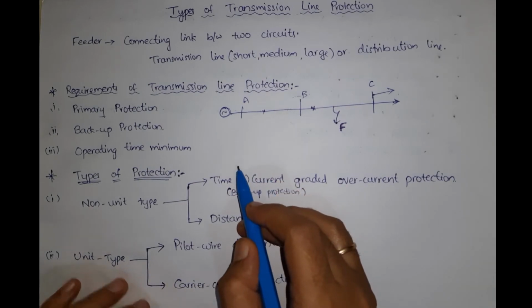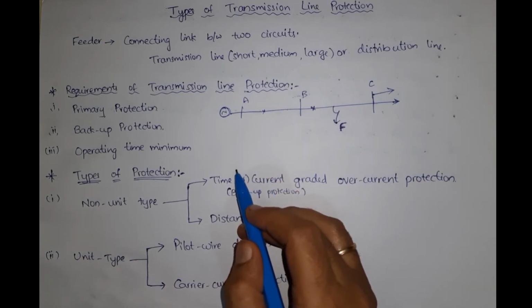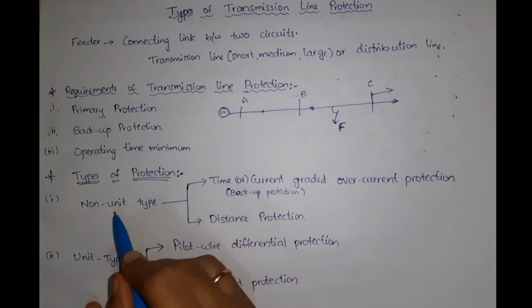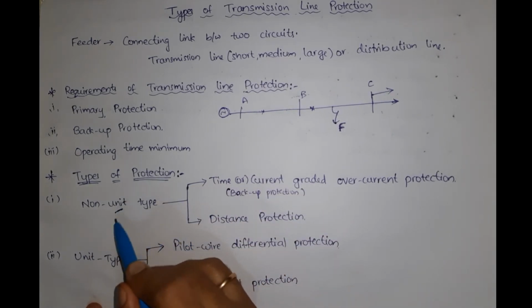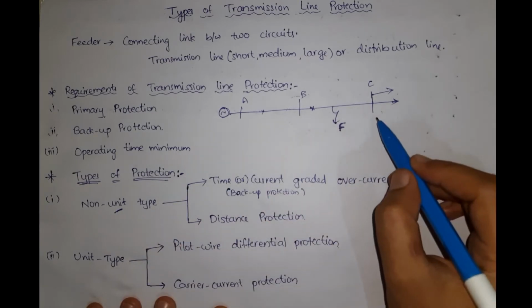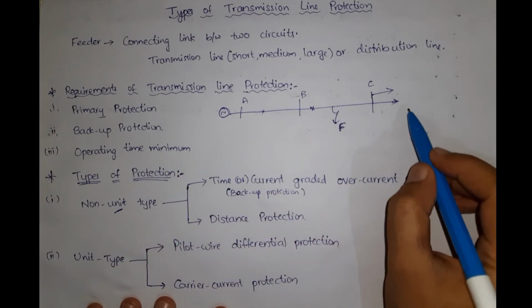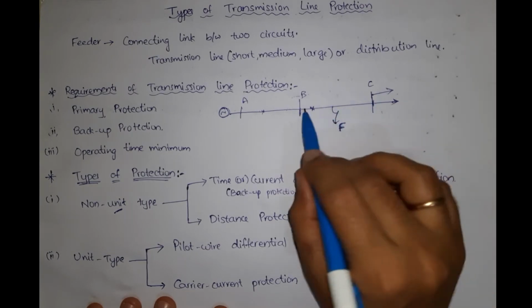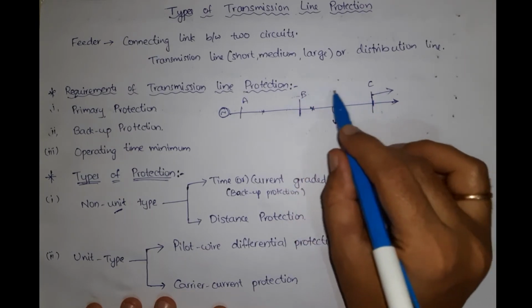Now let us go to the different types of protection schemes. The first one is non-unit type. By unit, you know that the protection of transformers and alternators are unit type protection, because the protection is taken in a particular zone. If I need to protect this part of the power system, that is called unit protection or zonal protection.